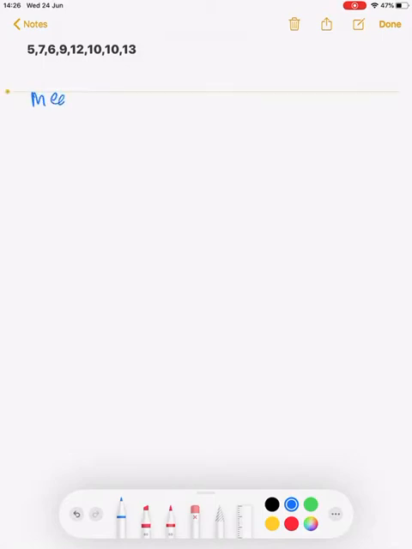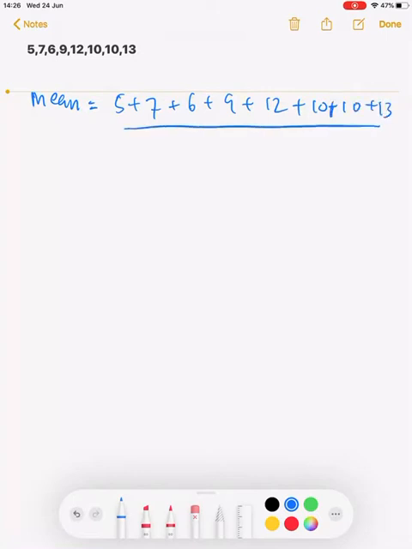First, the mean. 5 plus 7 plus 6 plus 9 plus 12 plus 10 plus 10 plus 13, divided by how many numbers there are, 8. That equals 72 over 8, which equals 9. So the mean is 9.